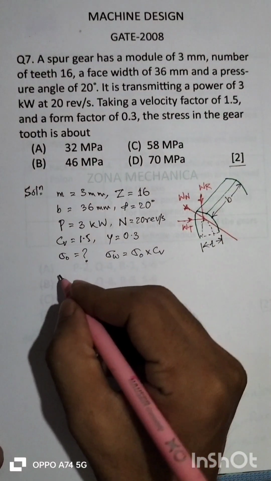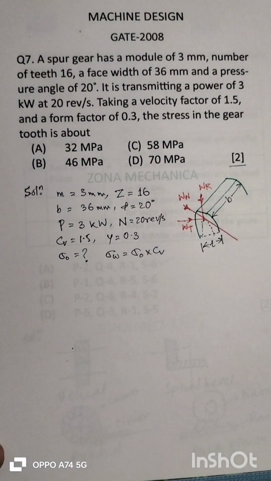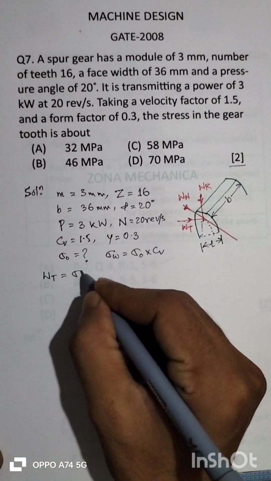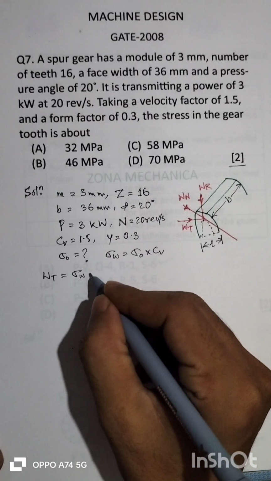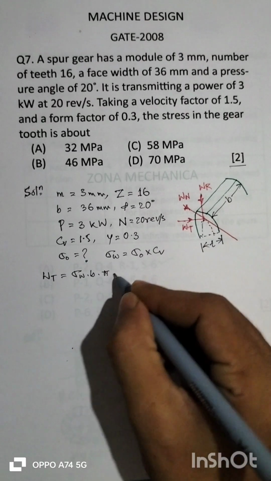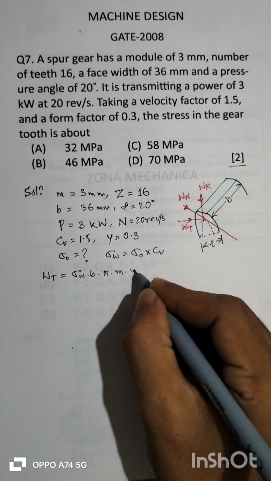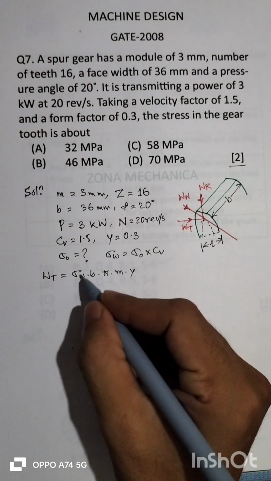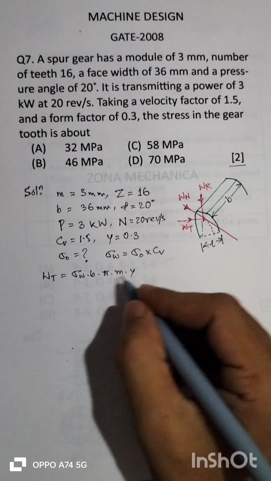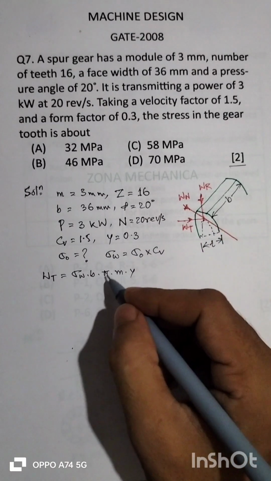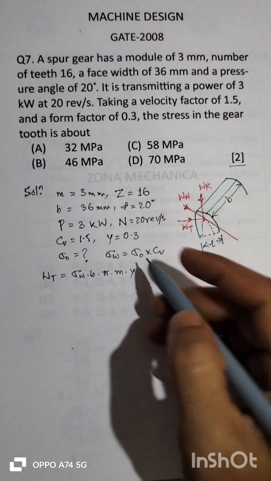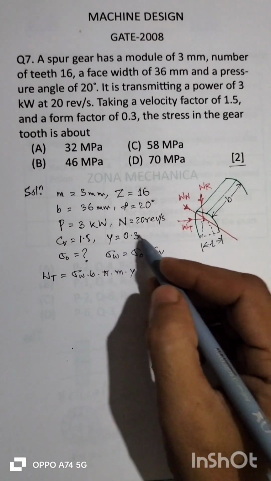We know that Wt is equal to sigma working multiplied by b pi m y. This sigma is the working stress, b is the face width, m is the module, and y is the form factor.